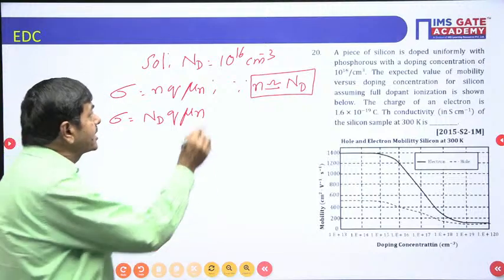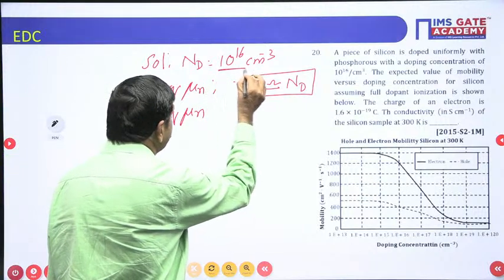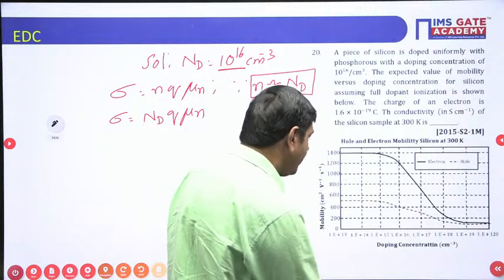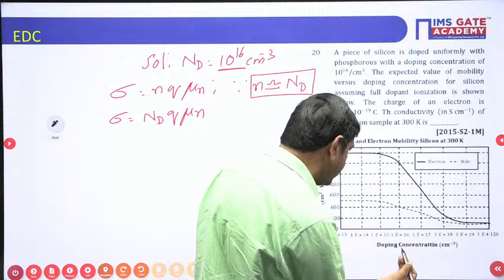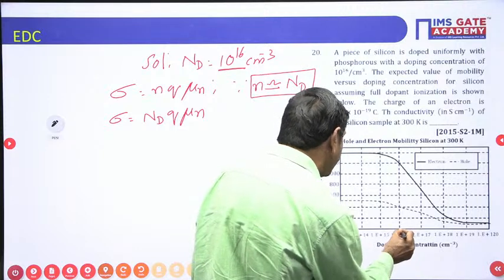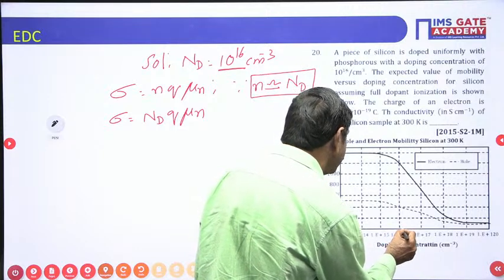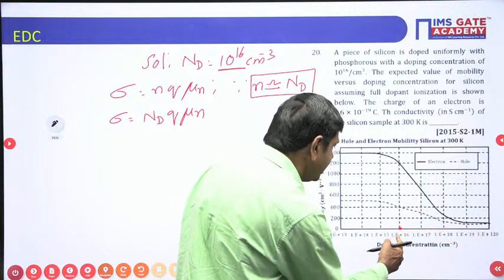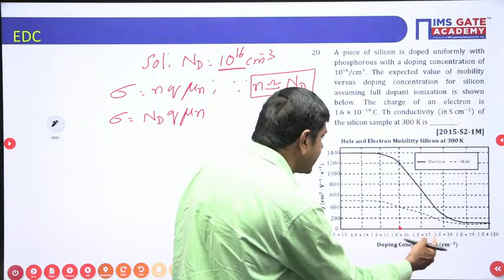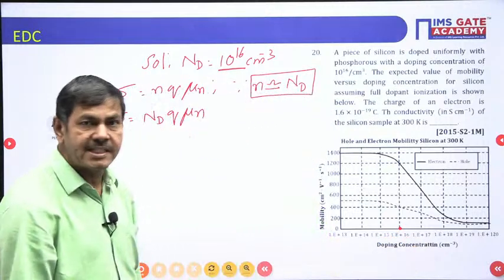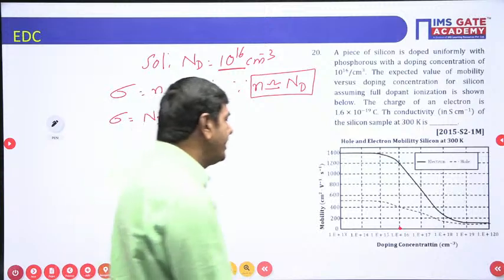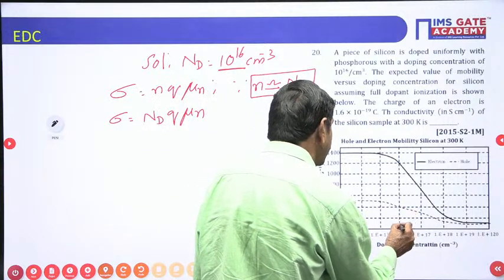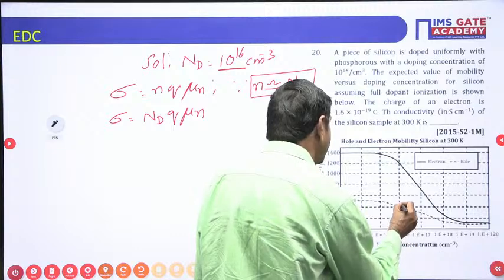The donor concentration given in the problem is 1 into 10 power 16, shown as 1E plus 16 on the graph, which means 10 power 16. Corresponding to this doping concentration, extend the line to the side and see where it intersects the curve.